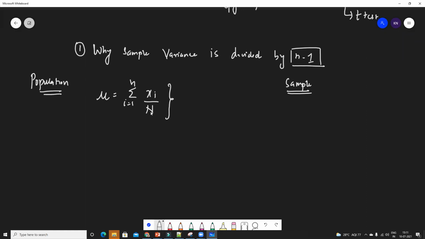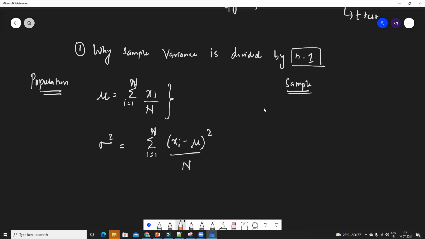Simple. Now variance, which I will also be writing as sigma square. What is variance? Summation of i equal to 1 to N of x of i minus mean whole square, divided by capital N. I hope everybody agrees with this. This capital N. Okay. This was with respect to population.